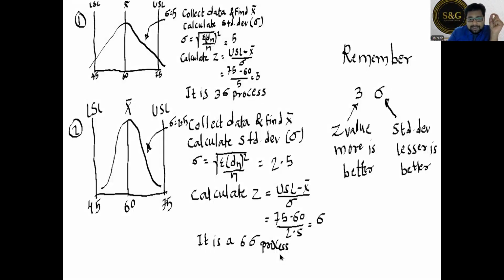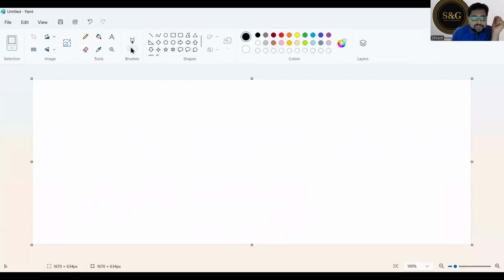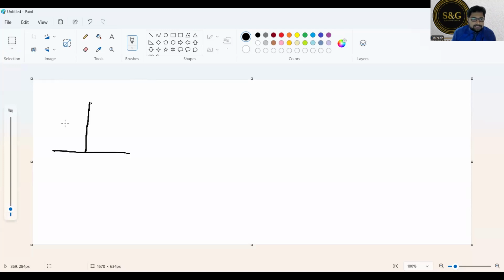Before I come to this, I'll go to my whiteboard and draw something very interesting. You have to tell me which process is a better process. First, I have the specification limit. This is the target, this is the lower specification limit, and this is the upper specification limit. I'll just draw this quickly.